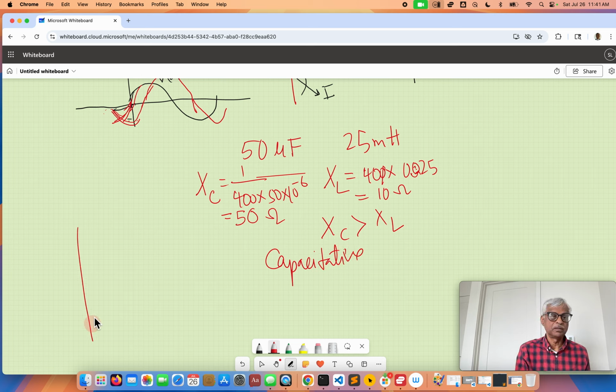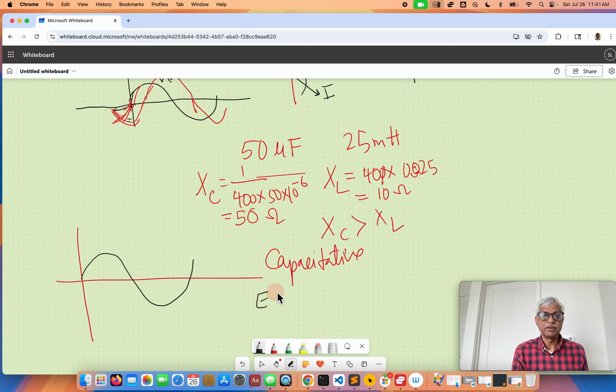So here, what are we going to get? If this is the voltage, this is ELI the ICEman. So this is ICE, capacitive ICE, so current will lead EMF.